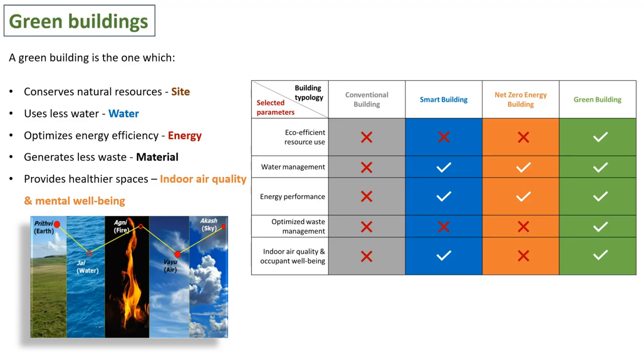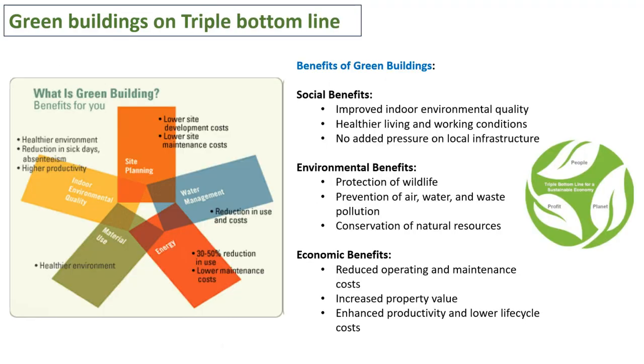Okay, eco-efficient resource is 35 out of 100. Water management 65 out of 100. Energy performance, okay, 45 out of 100. Something should be there. It doesn't need to be 100 out of 100 for all the parameters, but efforts and initiative should be there to address all of these parameters in a given building. Then only that given building will be called a green building, right?